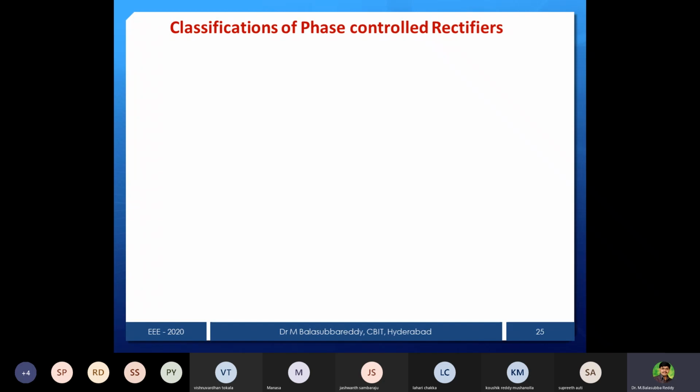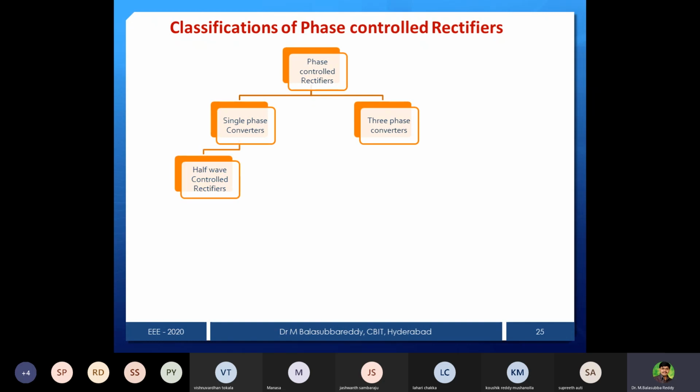We'll see the continuation of the previous class. I already explained the classifications of phase control rectifier, and one of the examples I gave was the half-wave rectifier, and then we'll move on to the rest of the controllers. So these are the classifications I mentioned: single phase and three phase, again half wave and full wave, similarly for three phase also.